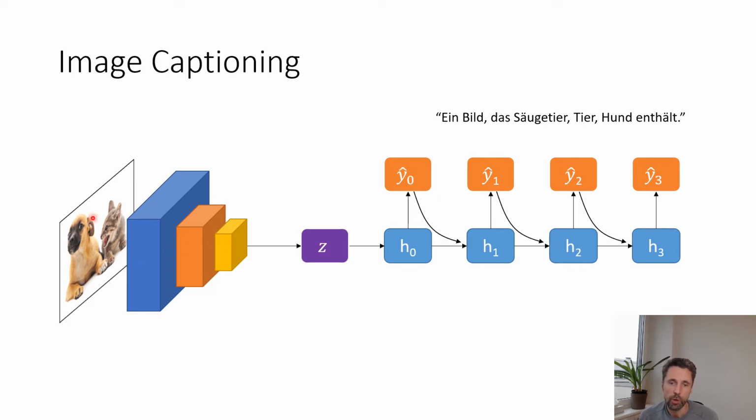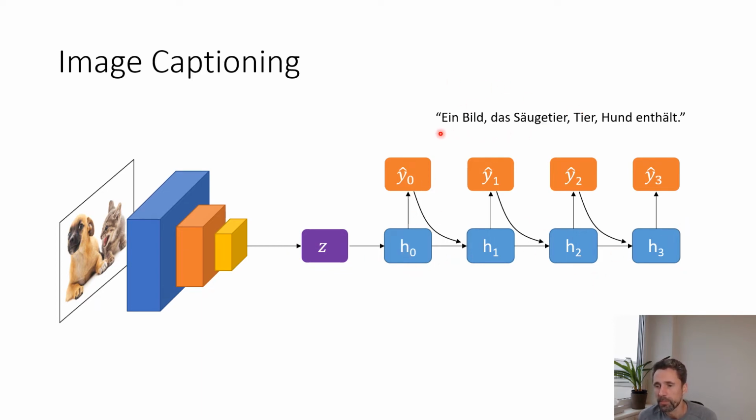So an input image is processed, for example, here by these three layers of convolutions into a representation that can then serve as an input to a recurrent network, and that recurrent network is then conditioned on this input and generates that output.